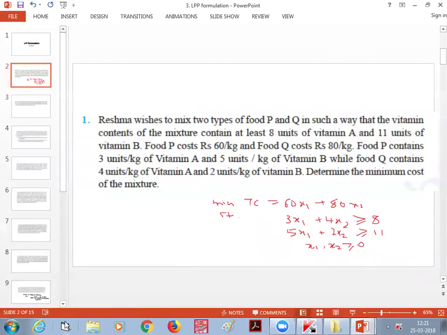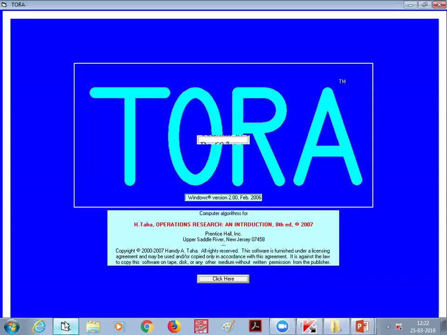Of course, all of you will have to practice the graphical method, but I'll do this using a software called TORA. This nice software allows us to solve these things in a very simple way. It comes along with Taha's book, Operations Research: An Introduction.